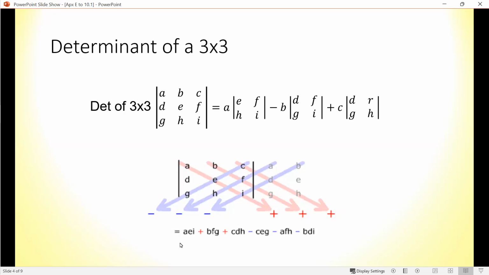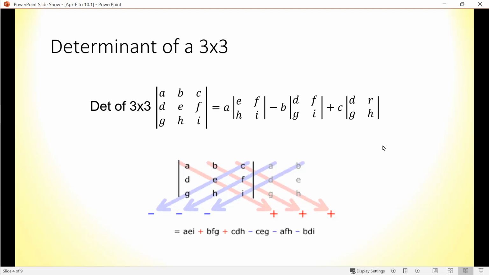So you end up getting the same terms, and the same determinant. Depending on which method you use, you will get the same determinant. So you might want to attempt using both and see which one you find easiest to keep organized and not make mistakes with.